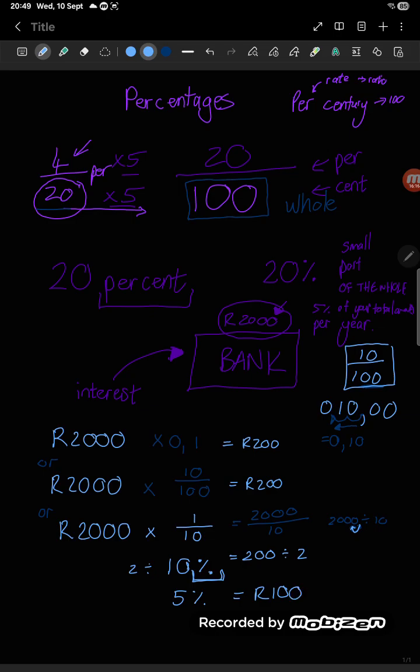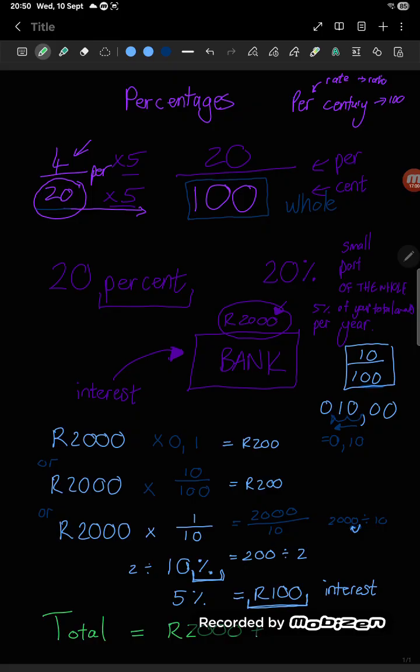So if I put 2,000 Rand in the bank, this is quite a good rate. 5% is a pretty good rate. At the end of the year, I will have made 100 Rand in interest. And what do I take out of the bank at the end of the year? My total in the bank at the end of the year is going to be the original amount, the 2,000, plus the interest earned.